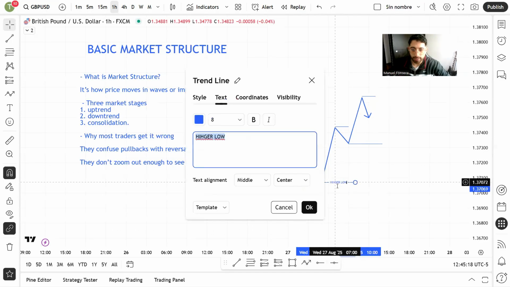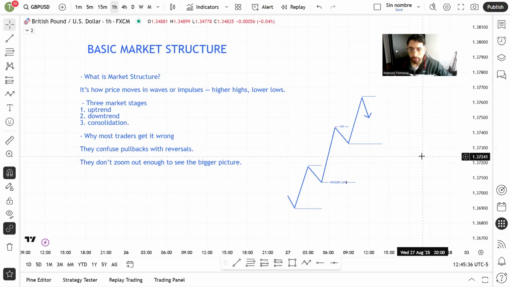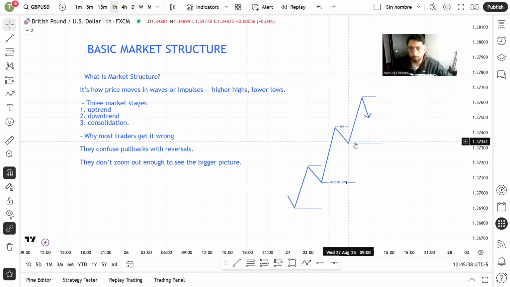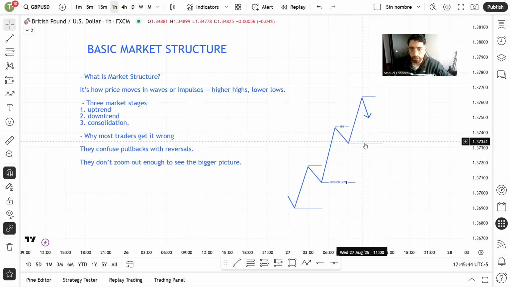The next movement that the price left is a higher high. Following the next movement, I'm going to put just HH, higher high, correct? And the next low will again be a higher low, correct?